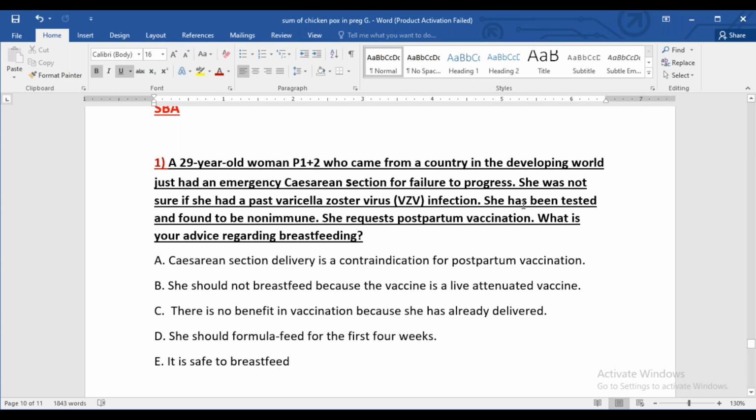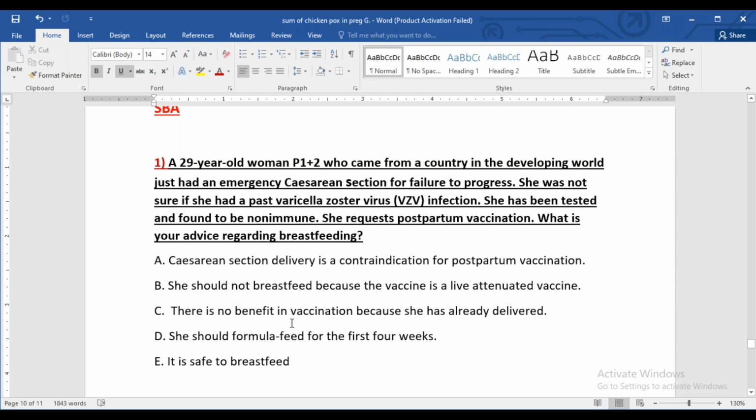You can start. A 29-year-old woman, para 1 plus 2, who came from a developing country, just had an emergency cesarean section for failure to progress. She was not sure if she had a past varicella zoster virus infection. She has been tested and found to be non-immune. She requests a postpartum vaccination. What is your advice regarding breastfeeding?